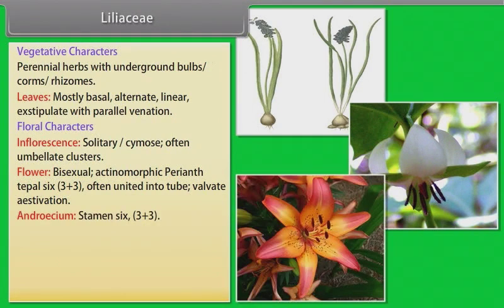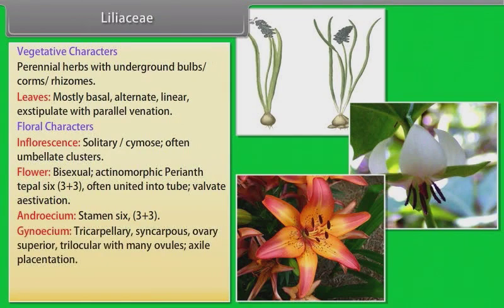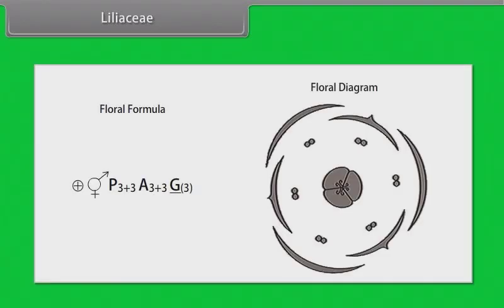Androecium, stamens 6 (3+3). Gynoecium tricarpellary, syncarpous, ovary superior, trilocular with many ovules, axile placentation. Fruit capsule, rarely berry. Seeds endospermous. Floral formula is, and this is the floral diagram.